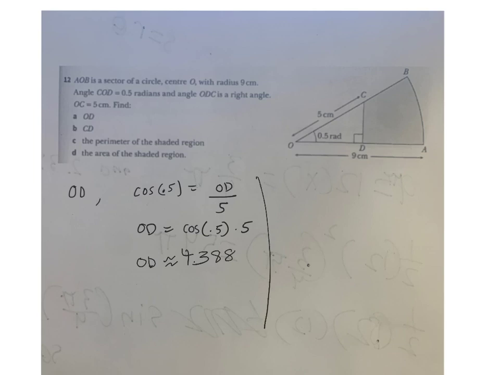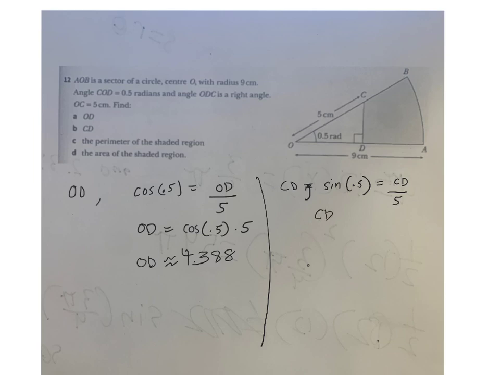Okay, here we go. We're going to find CD right now. For CD, let's use the sine. The sine of 0.5 is opposite over hypotenuse, so the sine of 0.5 equals CD over 5.